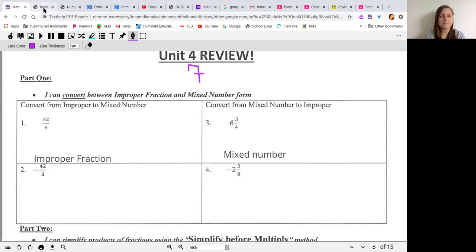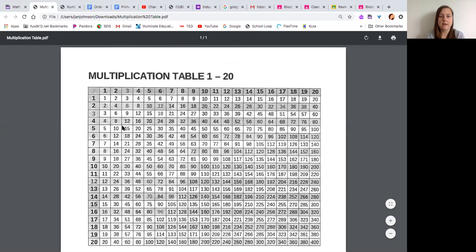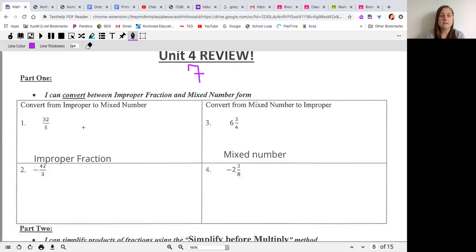Okay. So again, 5 goes into 32. How many times? I have 5, and I have 25, 30, 35. So 5 goes into 32 6 times. That means 6 is going to be my whole number. Okay.